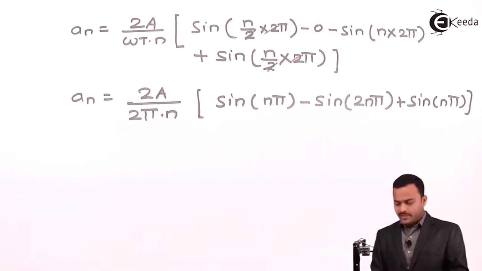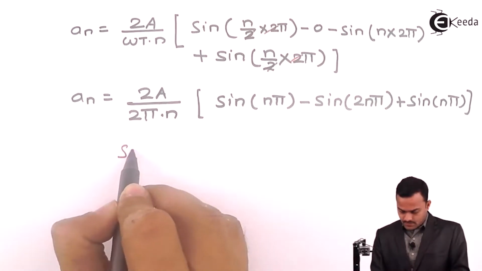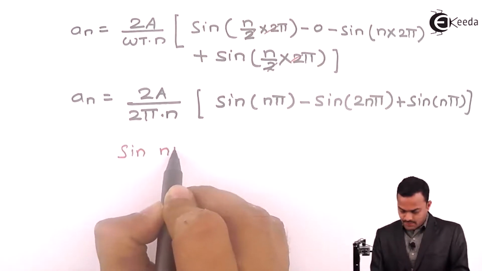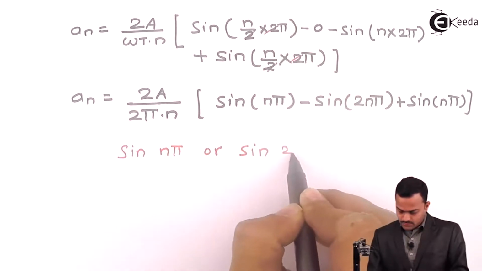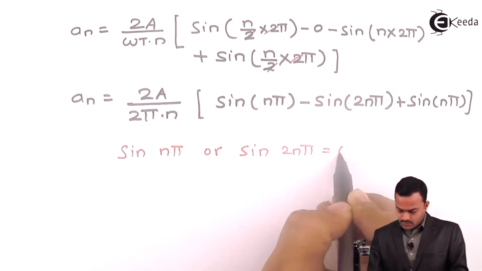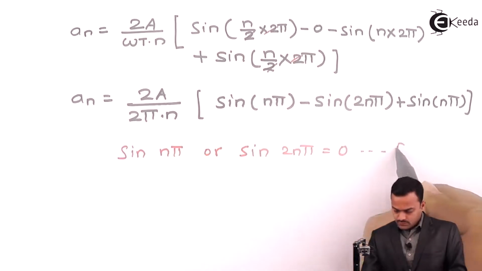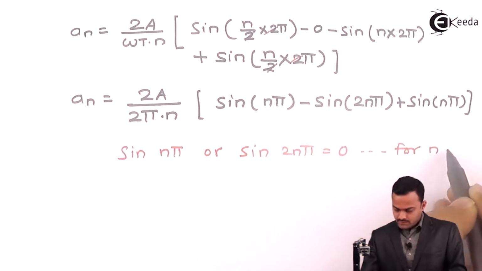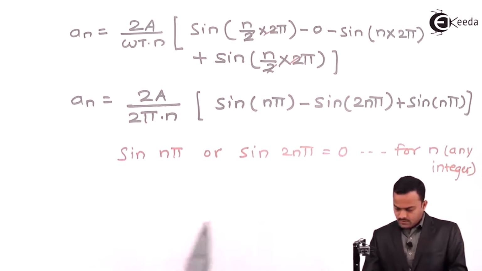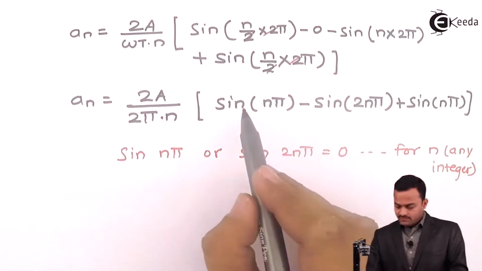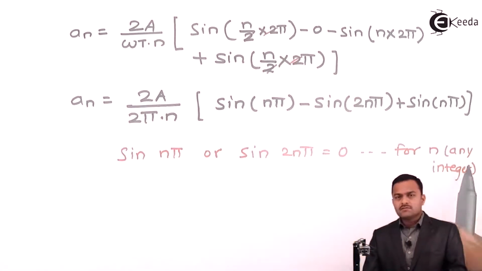And we know in trigonometry, sine n pi or sine 2n pi is always 0 for n which is any integer. So all these terms will be 0.